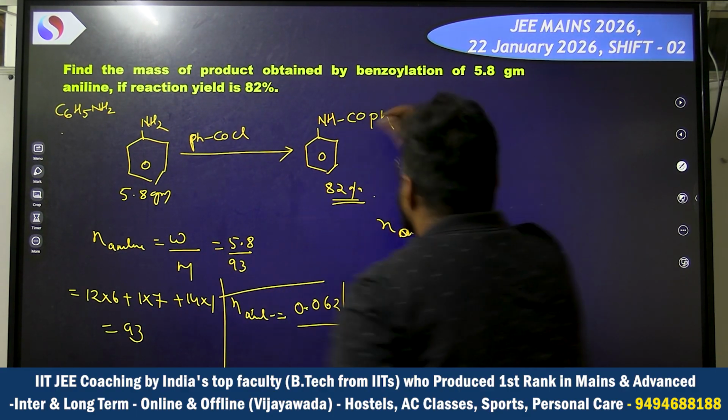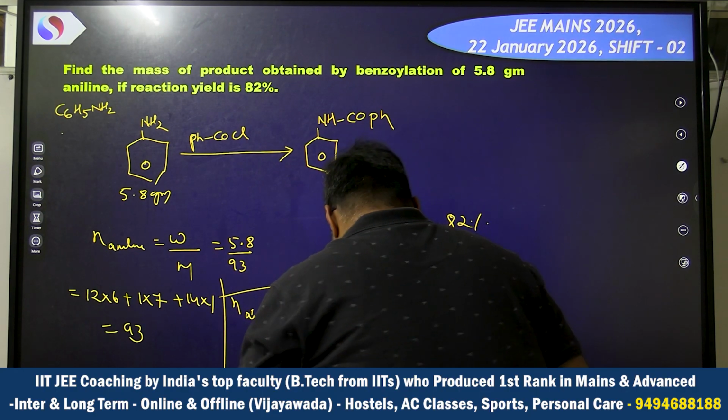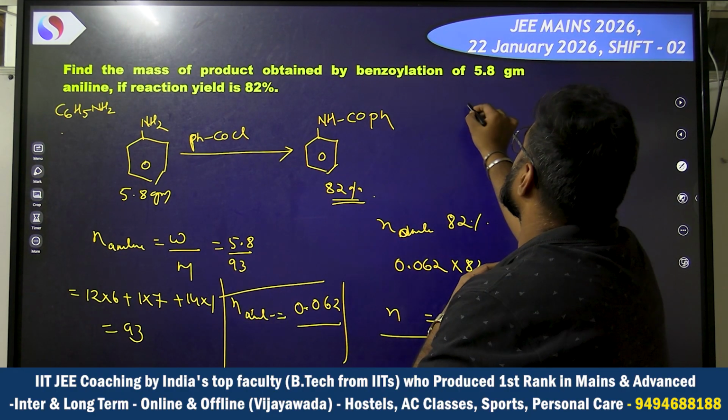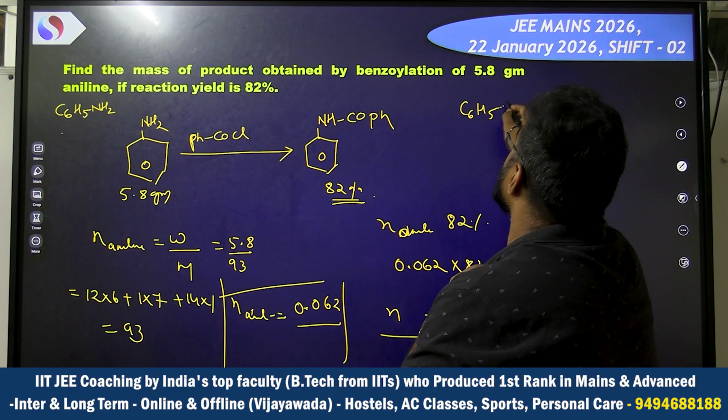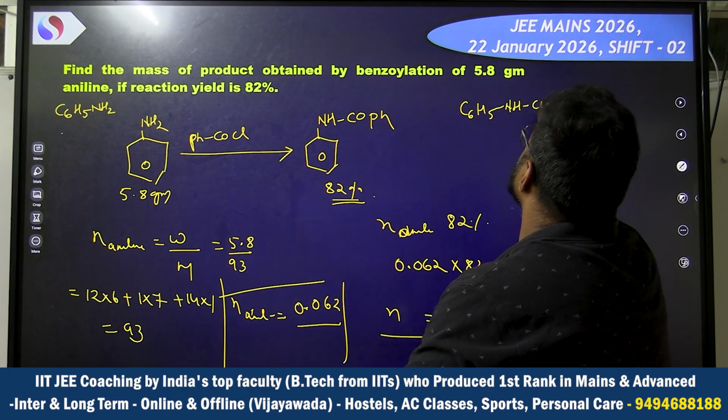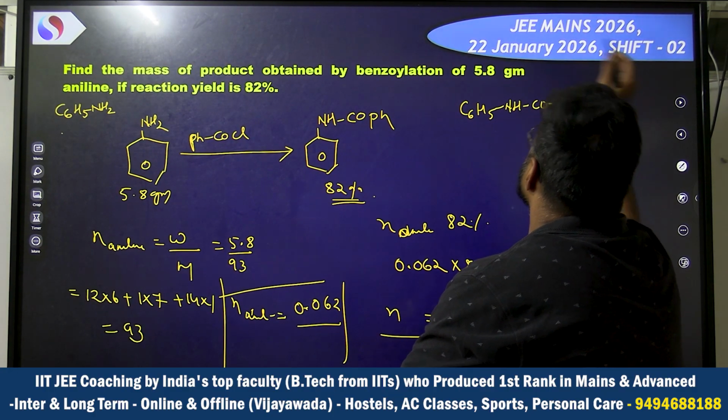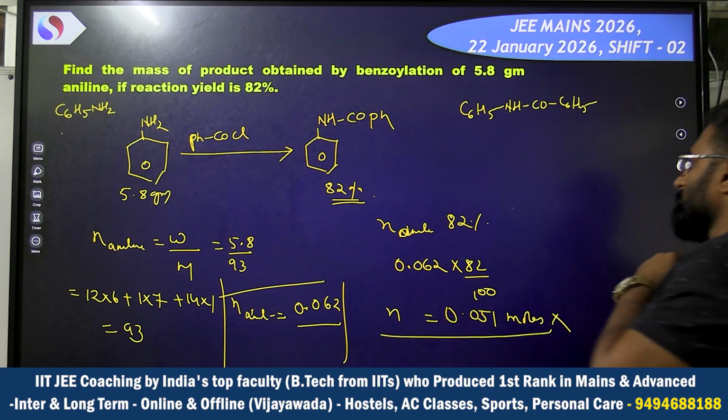Multiply by molar mass. So what will be the molar mass of this compound? C6H5NHCOC6H5. This is the molecular formula.